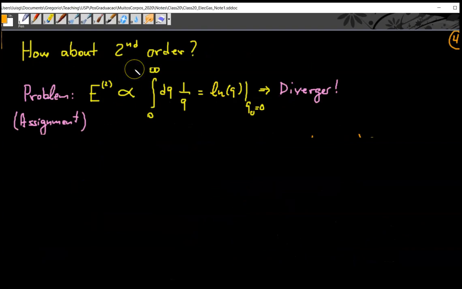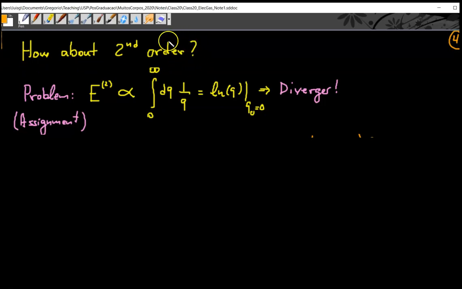Given the relative success that we had in calculating the first order correction to the ground state energy, and notice that will be done in an assignment, I didn't mention that, but this is one of the assignments for this class, the question is, how about second order, right?